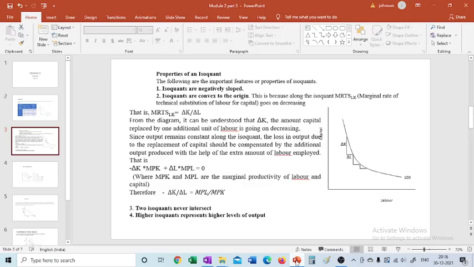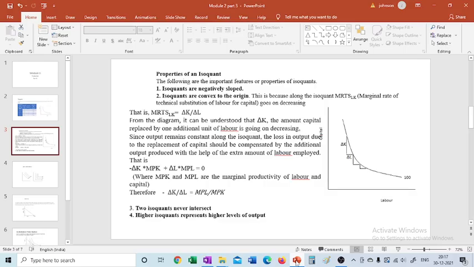That means the rate at which one input is replaced by the employment of additional units of the other input. So when you employ one more unit of labor, how much capital are you replacing? That rate is called MRTS LK. When you look at this diagram, you can understand one thing.